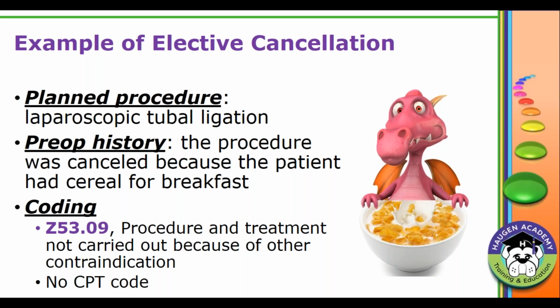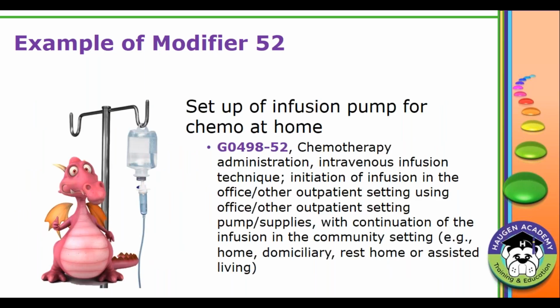And so the doctor said, no, we're not doing your procedure. We're going to assign the Z53.09 code because the procedure was not carried out because of contraindication. You would add a secondary ICD-10 code here to show why the patient was supposed to have the surgery, but no CPT code. So too bad. You ate your cornflakes and you don't get a CPT code.